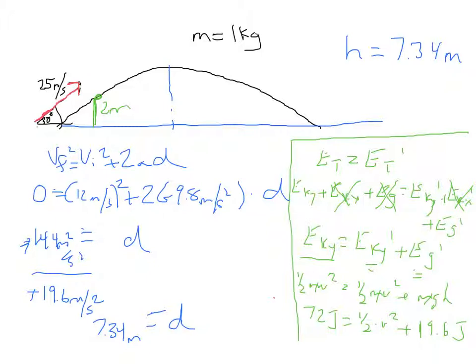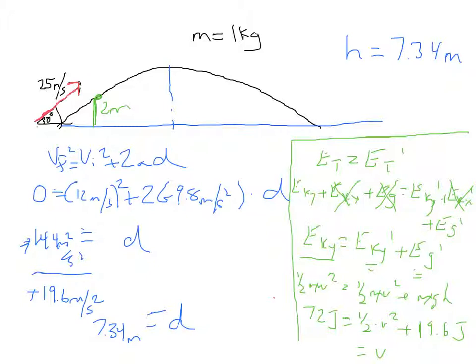I'm going to bring my 19.6 over to the other side of the equal sign to start solving for v. So that's 72 minus 19.6. And then I'm going to multiply the whole thing by 2 and find a square root to find a velocity at that point.